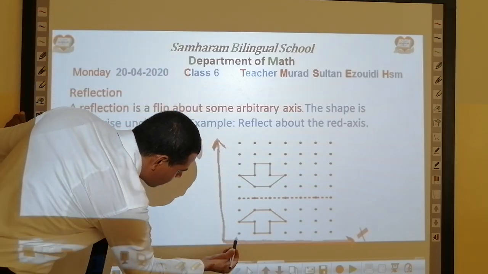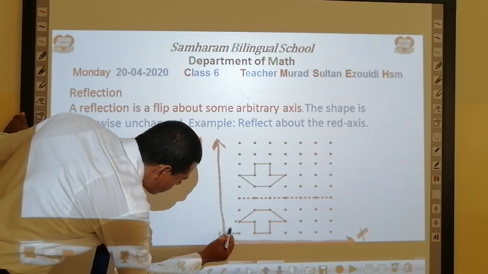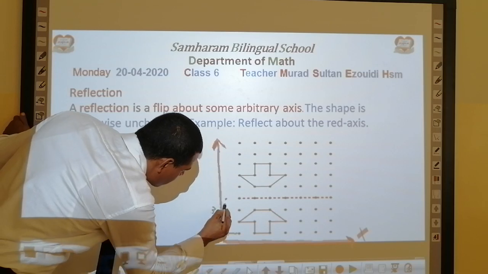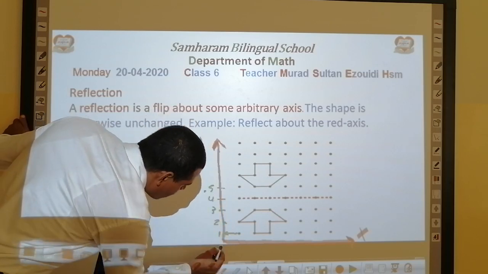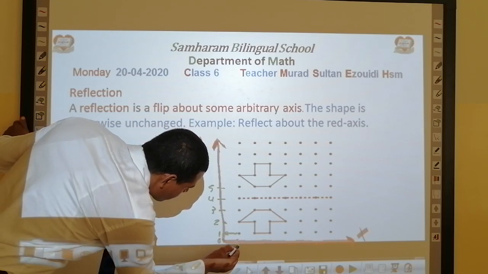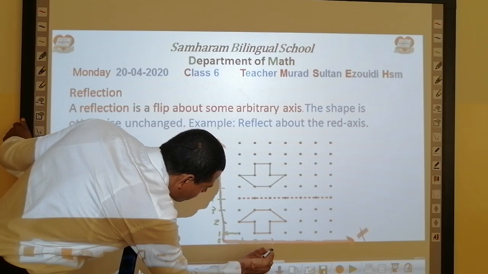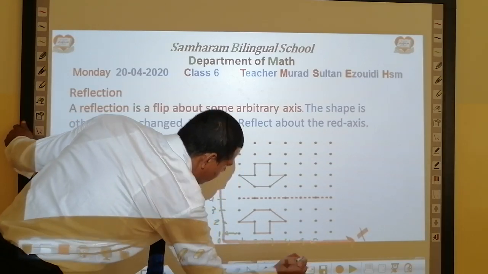This one is 1. This is 2. This is 3. This is 4. This is 5, and so on. And this one is 0. This is 1. This is 2. This is 3. This is 4. This is 5. This is 6, and so on.